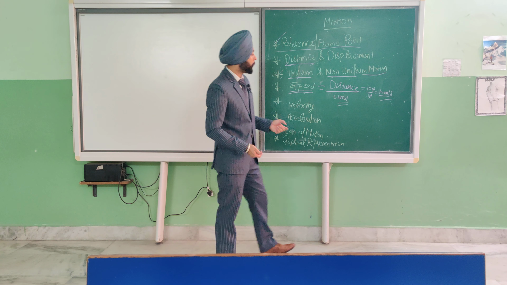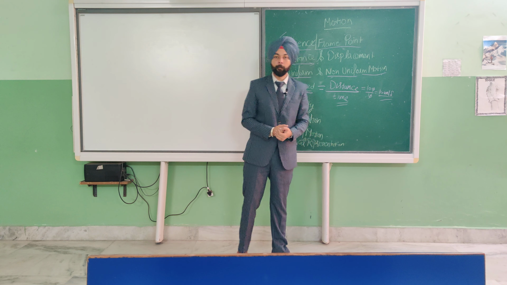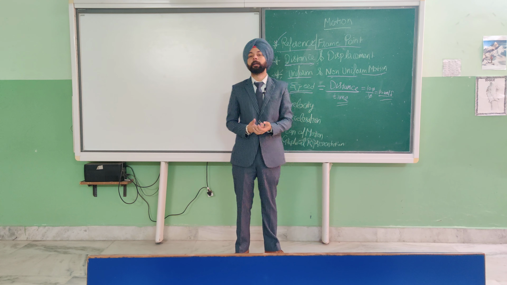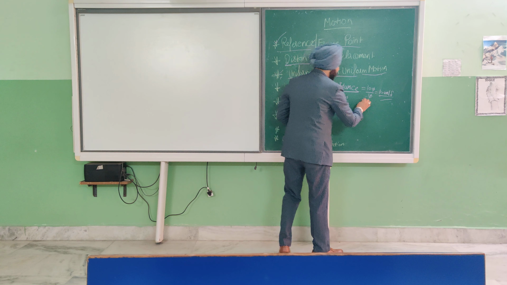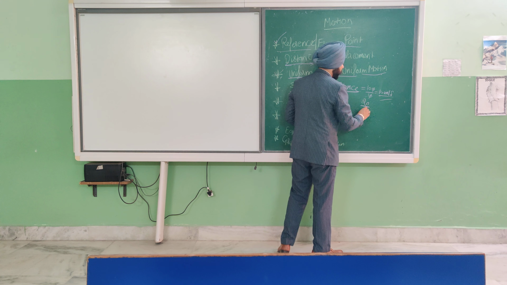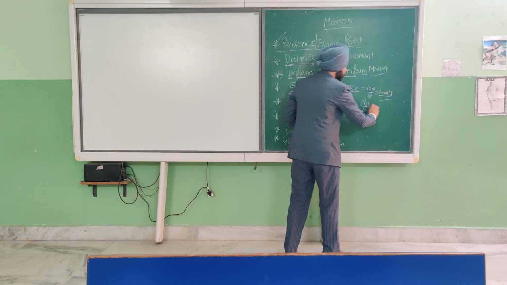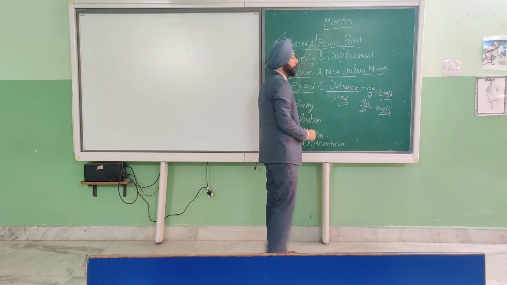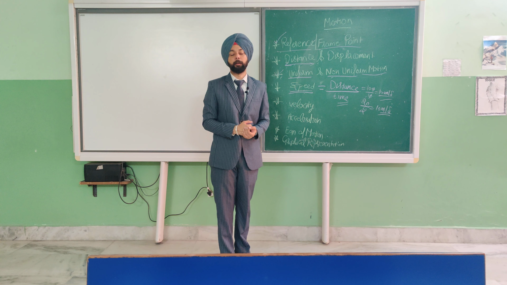As an example, if anybody covers 100 meters, or another example, if anybody covers 20 meters in 2 seconds, then again the speed of the body is 10 meters per second.